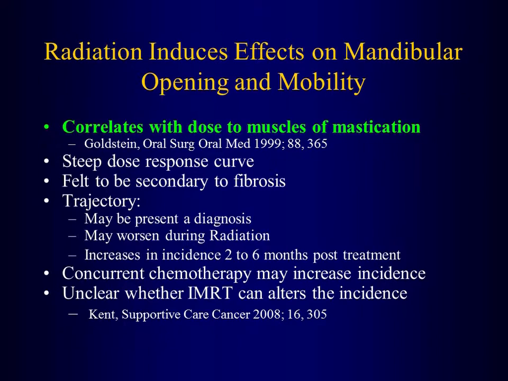It is felt to be a fibrotic process. There's a very steep dose response curve. The trajectory is such that it actually can be present at the time of diagnosis due to tumor. It worsens during radiation therapy and can worsen for months afterwards. Concurrent chemo may make it more frequent, and it's unclear right now whether IMRT actually alters the incidence.